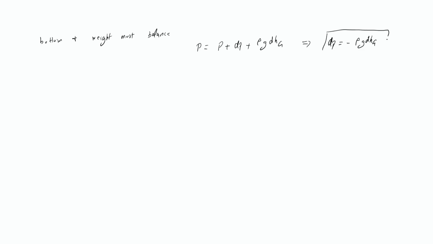Okay, so this equation is known as the hydrostatic equation. This is the hydrostatic equation. Okay, so this applies to any fluid, not only air, it applies to any fluid.